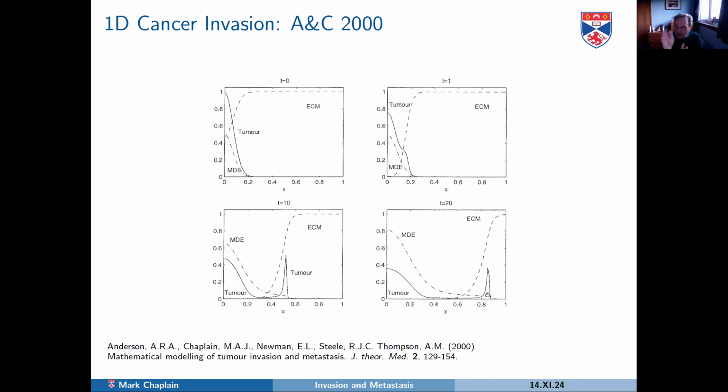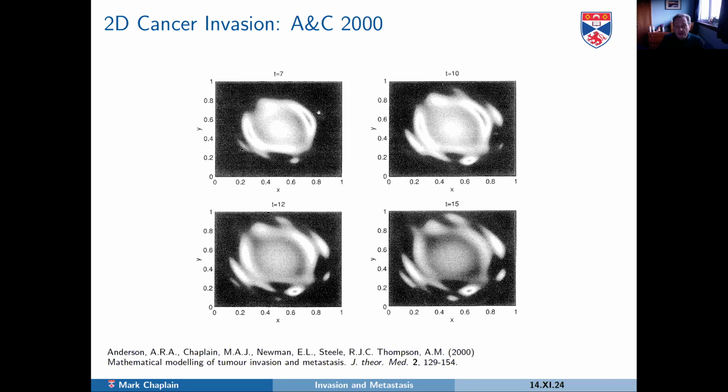And if you have this happening in a heterogeneous system in 2D, then you could get these columns of cancer cells moving into the tissue, just like we saw in the initial diagram of an invading cancer. But this is just a one-dimensional qualitative outcome. And so the next thing that we did, we put this into 2 dimensions, and we made our extracellular matrix a little heterogeneous, so it's not a uniform density. There's a difference in density from the start.